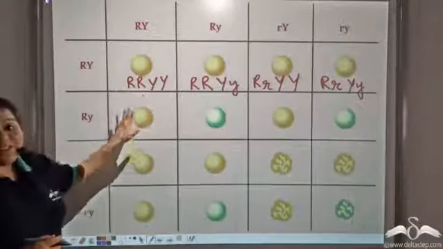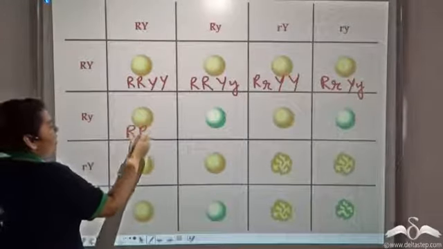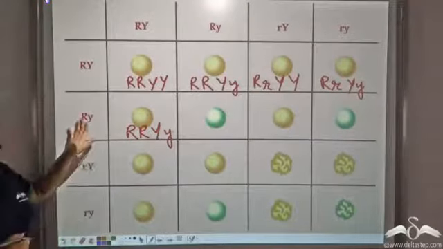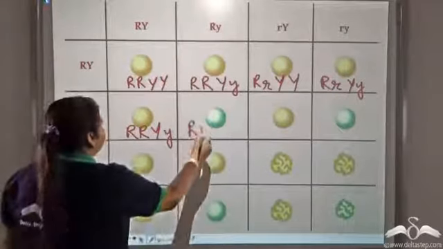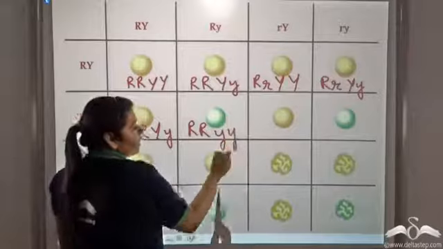Now similarly, for this seed, the genotype is capital R, capital R, capital Y, small y. For this seed, it is capital R, capital R, small y, small y.